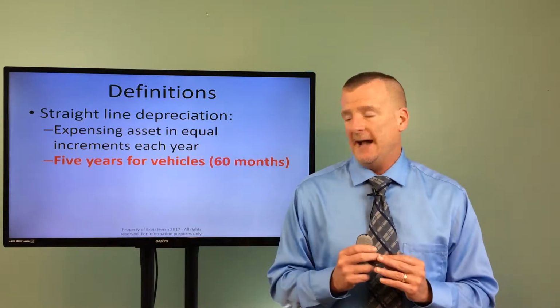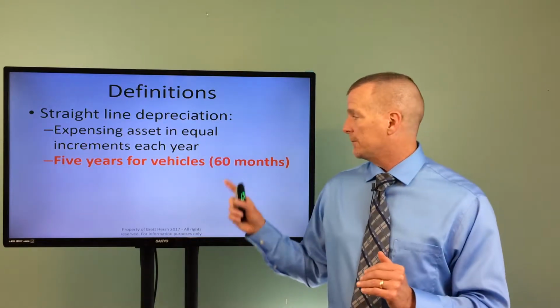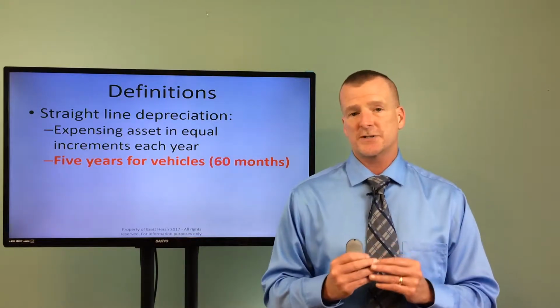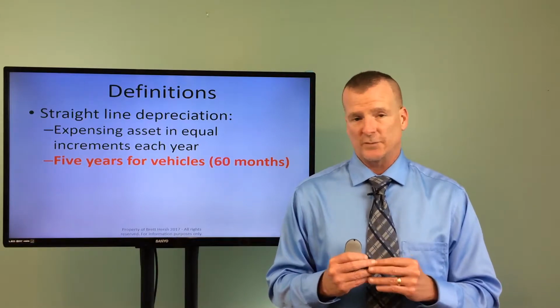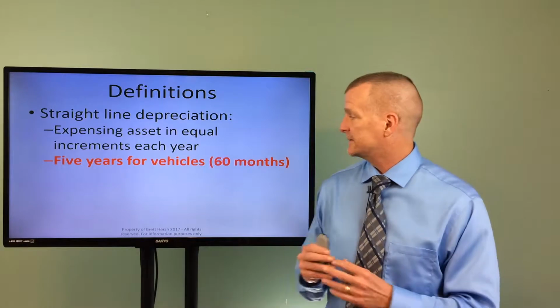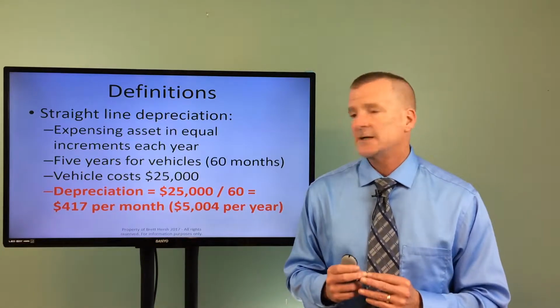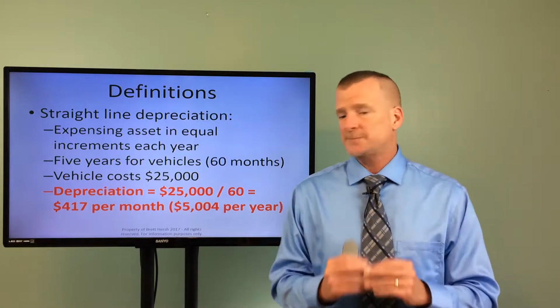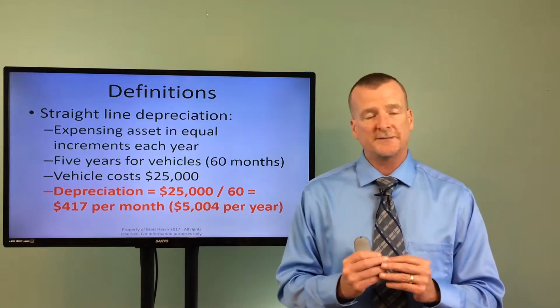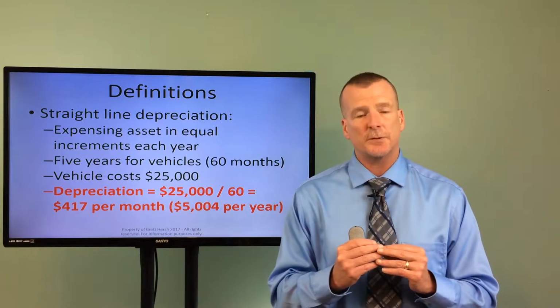Well, what do I mean by that? Basically for vehicles, it is 5 years, which we want to do on a monthly basis because you may not purchase your vehicle on January 1st. You're probably going to purchase the vehicles in different months, so we're going to take that vehicle. Say your vehicle costs $25,000. We're going to divide that $25,000 by 60, and therefore each month after you place the vehicle in service, you're going to be able to deduct $417 per month.